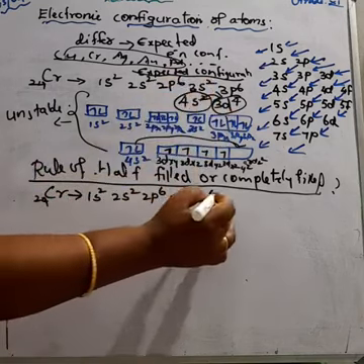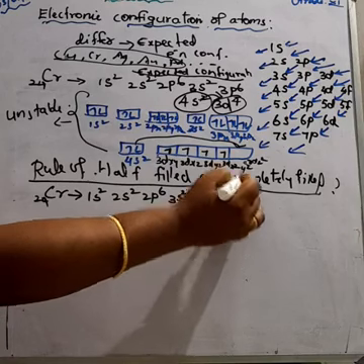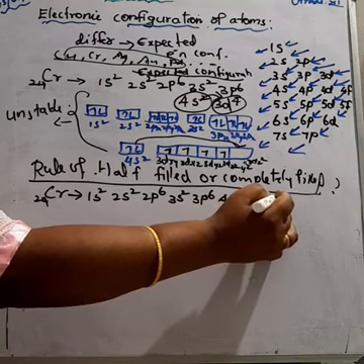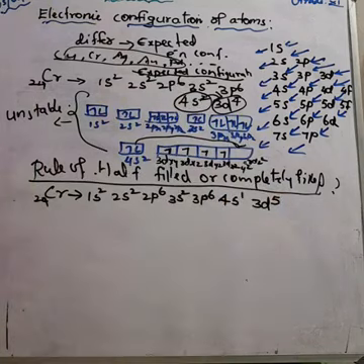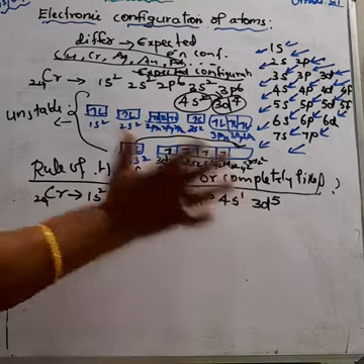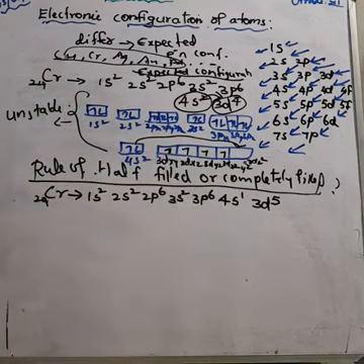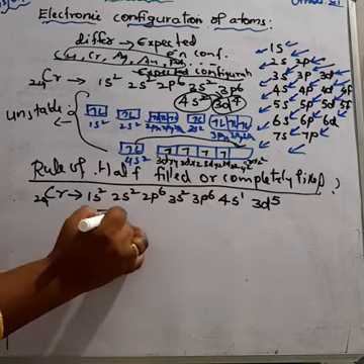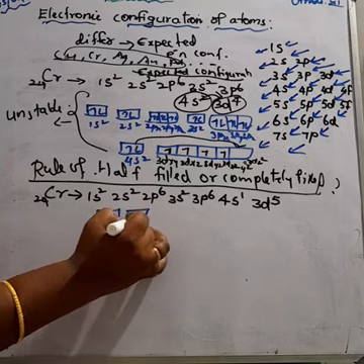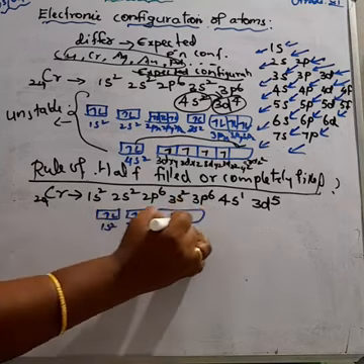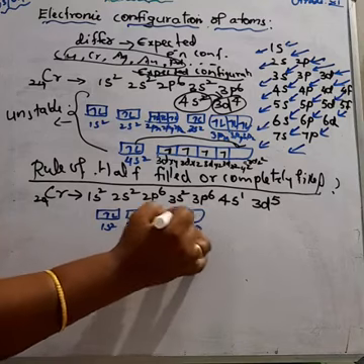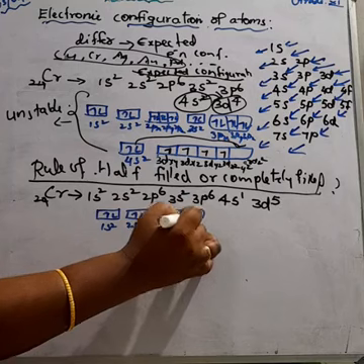So the 4s orbital becomes 1 electron, and this 1 electron goes to the d orbital. So the d orbital gets 3d5 and gets the stable configuration. How will you write the orbital diagram? 1s orbital, 2s orbital, 2 electrons, 2p orbital, 6 electrons, 3s orbital, 2 electrons, 3p orbitals.